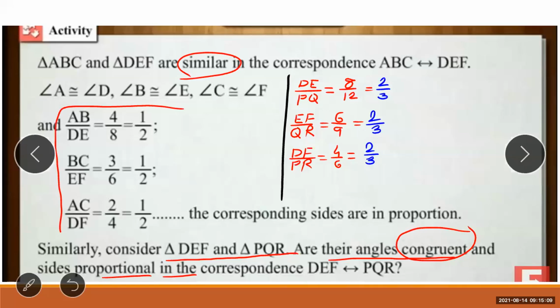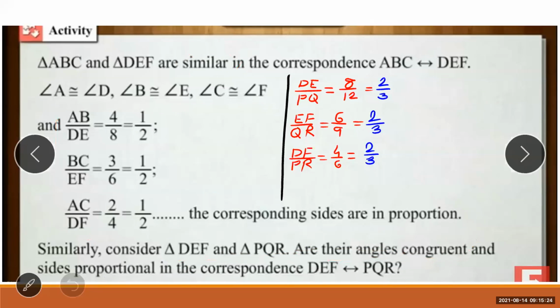And how will we write the correspondence? Triangle DEF corresponds to triangle PQR. This is the symbol for correspondence. Similarity, that one is similar.